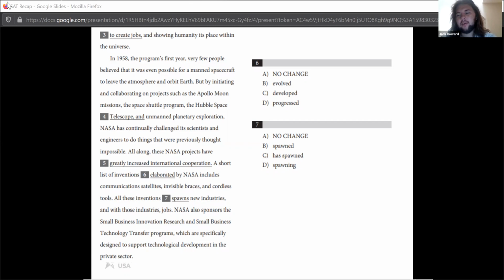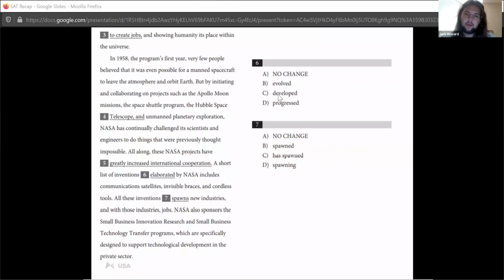The word evolved is about the process, implying that the inventions went through multiple stages of evolution. And they probably did, but that's not what we're talking about. We don't know if NASA evolved them or if they just sprung up, or if NASA just found them. Evolved brings in information that we don't really know. So I would certainly get B out of the way for 6.